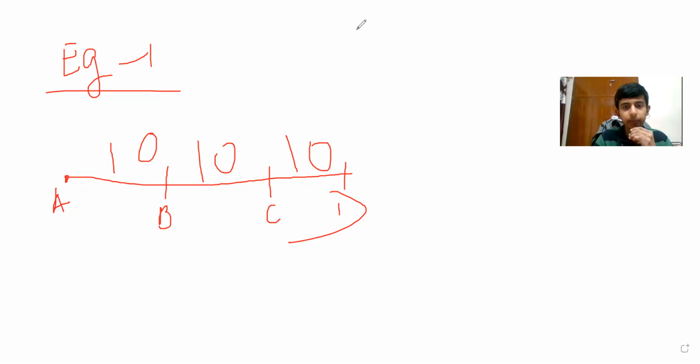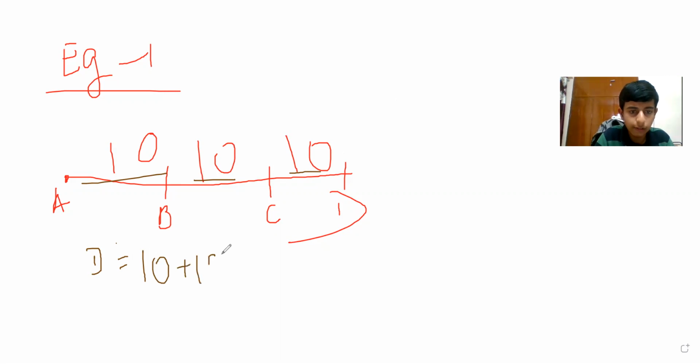What do you all think? See, distance is the total path. So 10, 10, 10. I can say that distance is going to be 10 plus 10 plus 10, that is nothing but 30 meter.